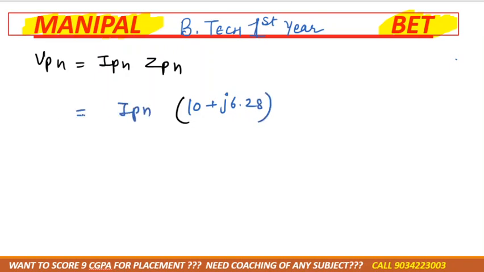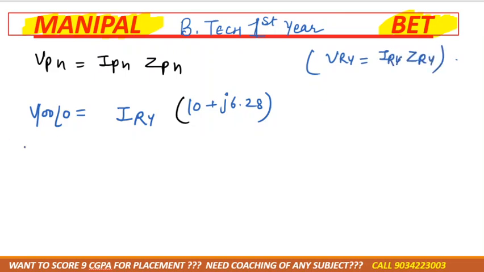IPH we need to calculate. First angle is what? 400 angle 0, right? So from here we'll get which value? IRY. Remember I told you VRY is equal to IRY into ZRY.